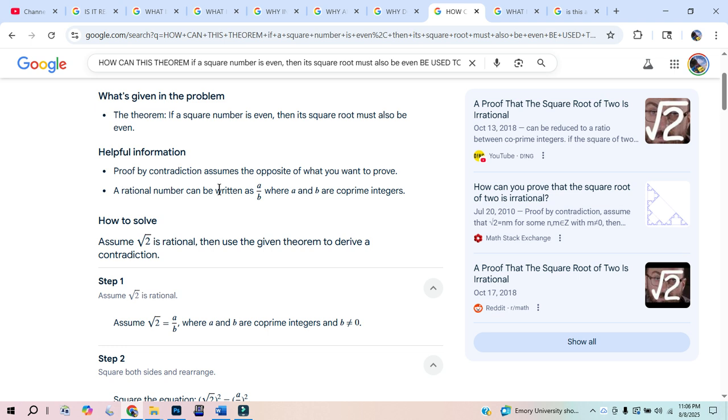You could say this is 1 divided by 2, but it would be nonsensical to say 2 divided by 4 because that could be reduced to 1 divided by 2. 2 divided by 4 is not coprime because 2 and 4 both have 1 and 2 as factors.